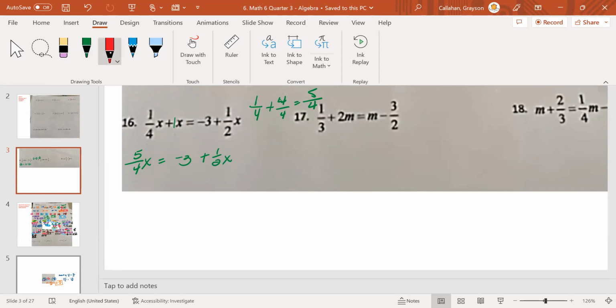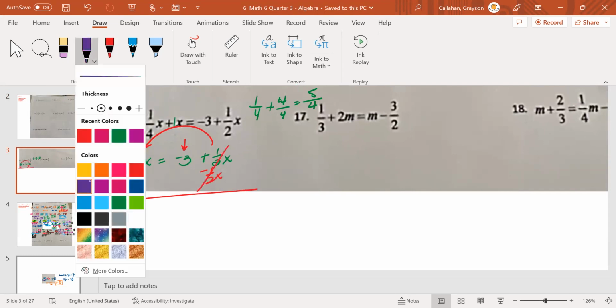We're going to go ahead and move the x on one side. Excuse me, I always told you to move the smaller x, but given the fact that there's a number on the side, you got to move this x over to the left side. So I'm going to subtract 1/2 x so we can combine the x's together. That part cancels. And if you need to do the work on the side, you can do that.